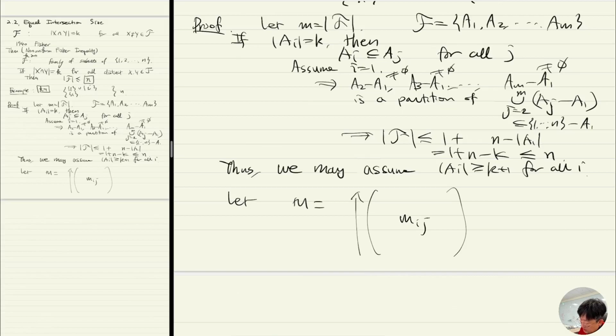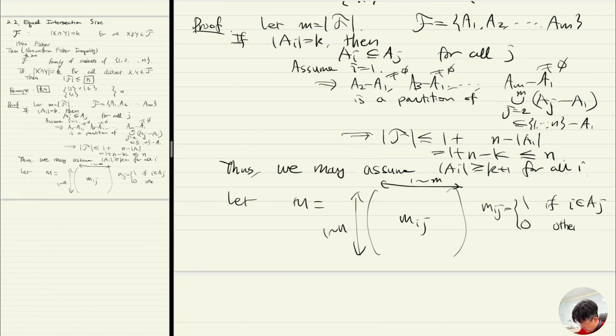The rows are indexed by 1 up to n, and the columns are indexed by 1 up to m. So M_ij is 1 if i is in A_j, and otherwise it's 0.